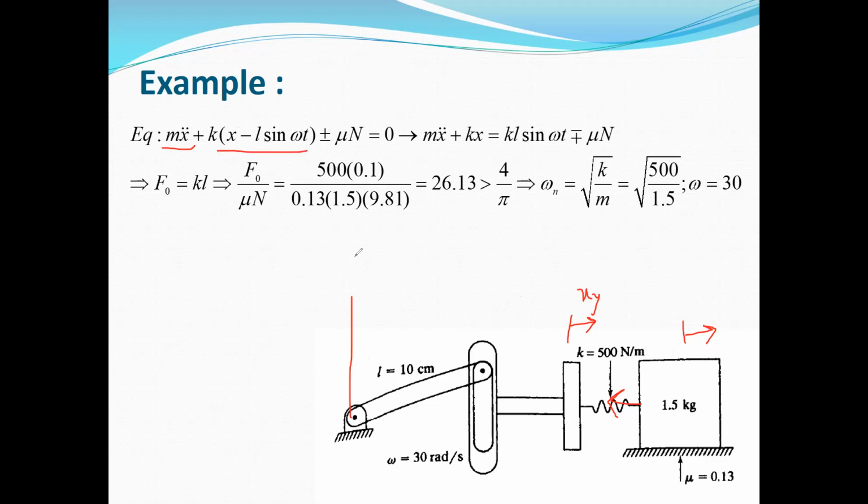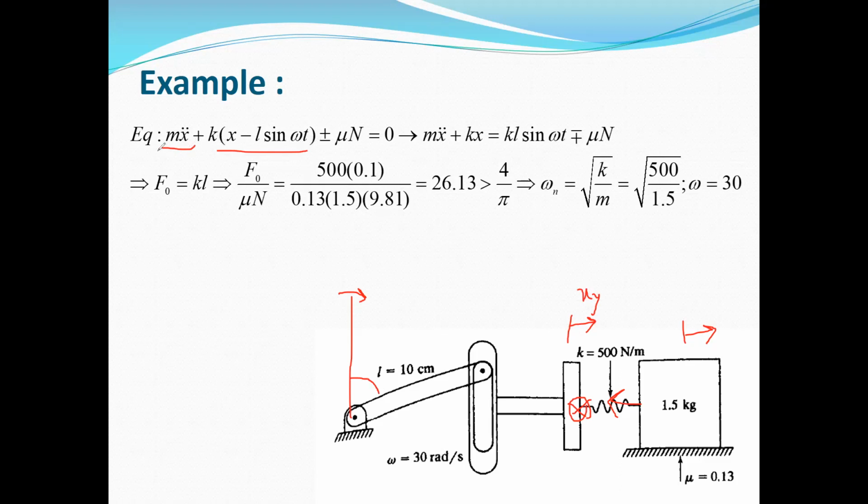At each moment, the position of this point is equal to L sine omega t when it starts from this position by rotating in the clockwise direction. At each moment, theta is equal to omega times t. So the position of this edge of the spring is equal to L sine omega t.